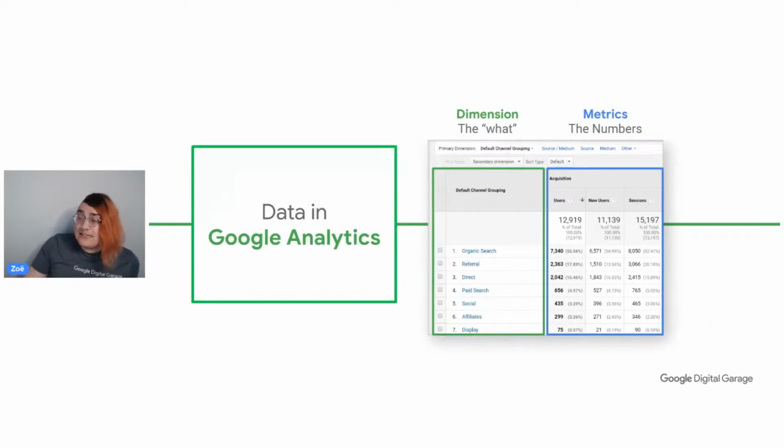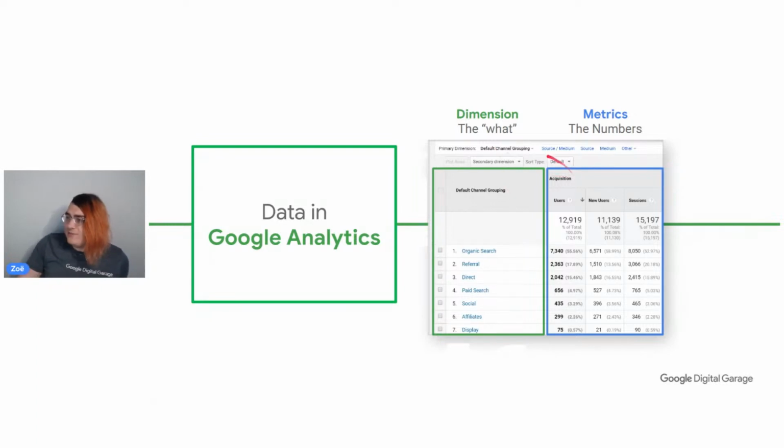So whenever you see data in Google Analytics, it's going to look a bit like this. And we've got 2 segments here. The left-hand segment, we've put this in green, is where we've got what we call the dimension. And the dimension is what is being measured. And it's not a number. Whenever you don't see a number, that's usually the dimension.